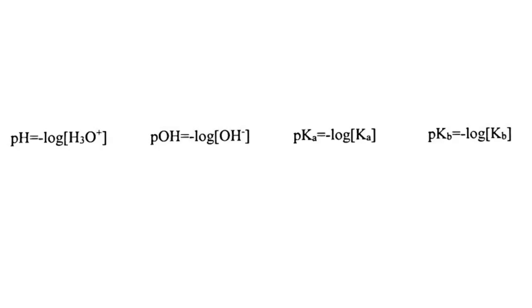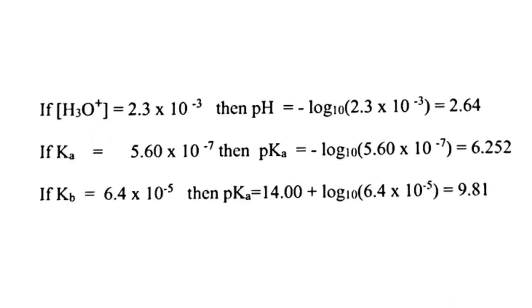The negative log 10 of the hydronium ion concentration and the hydroxide ion concentration are abbreviated pH and pOH respectively. Now similarly, the negative log of the acid ionization constant Ka is abbreviated pKa, and the base ionization constant Kb is abbreviated pKb. And that's just kind of food for thought when we're moving through this, okay?